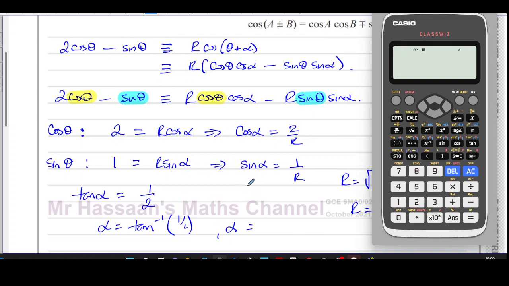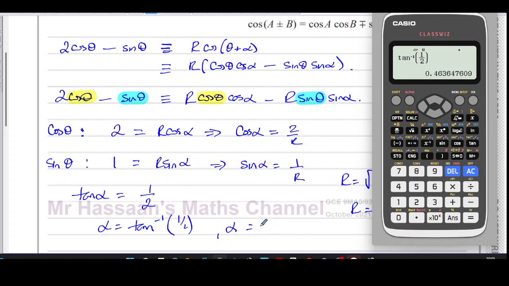Okay, so now I'm going to have inverse tan. Am I in radian mode? Yes, I'm in radian mode. We should know how to put this in radian mode. So we're going to have inverse tan of 1 over 2. That gives us 0.46364.